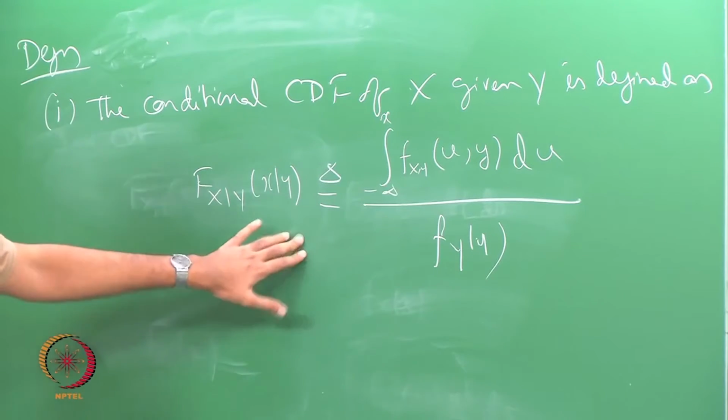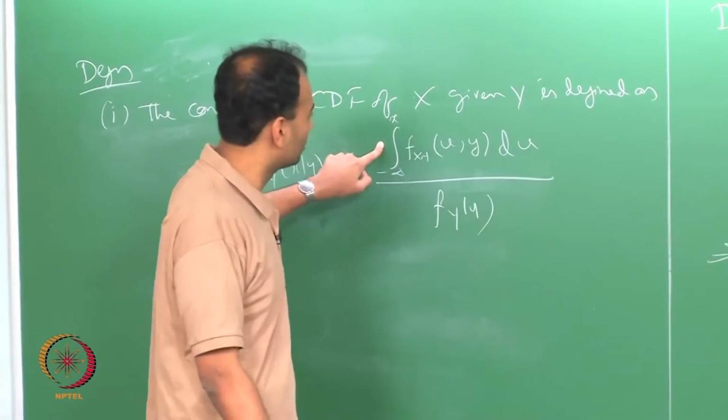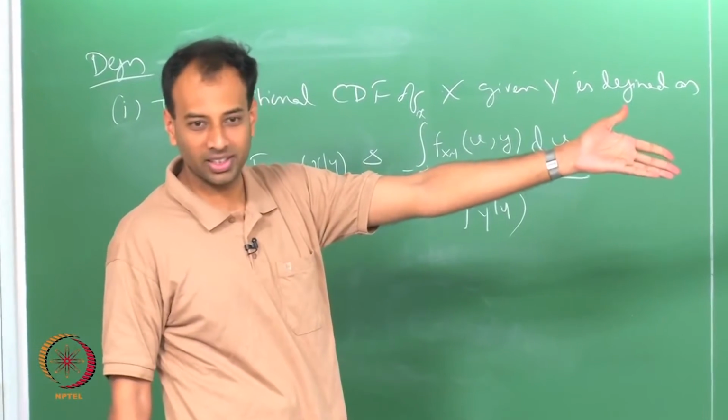Okay. So, the denominator is exactly what you predicted and the numerator is actually also exactly what you predicted, right.